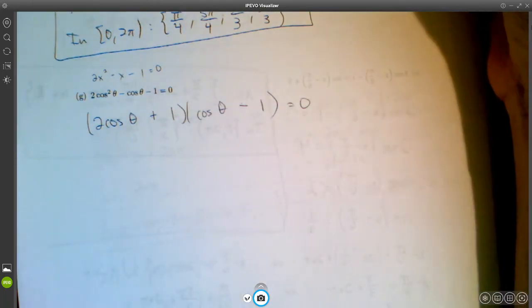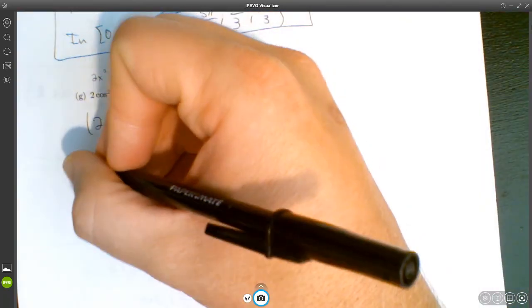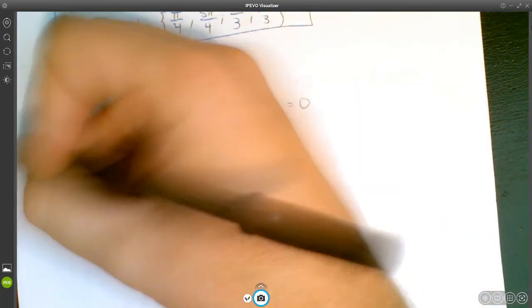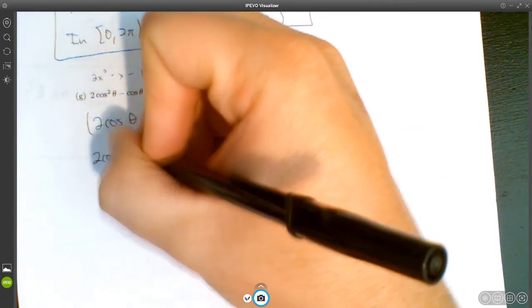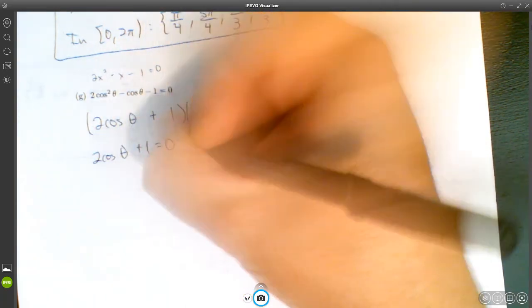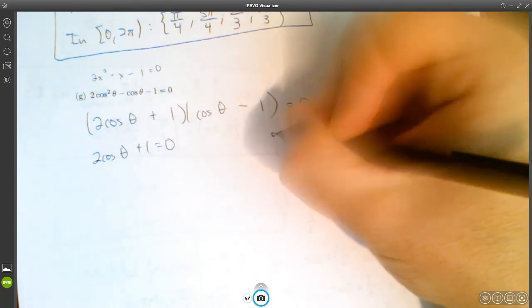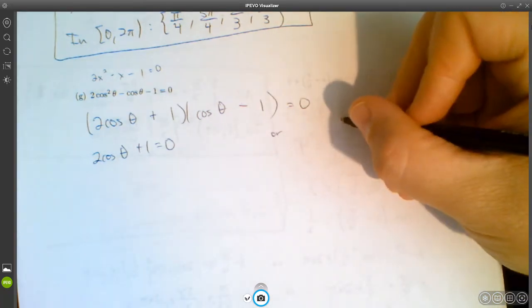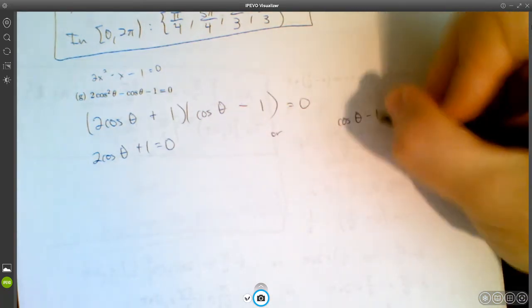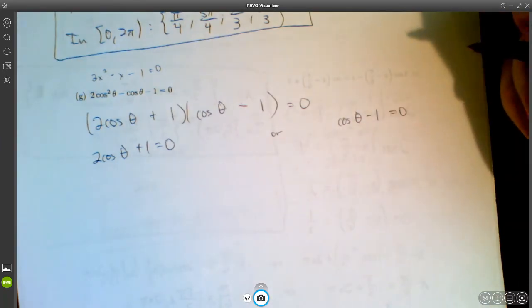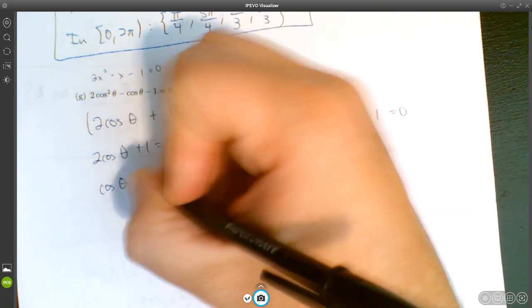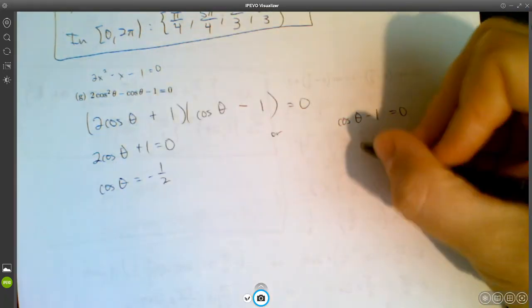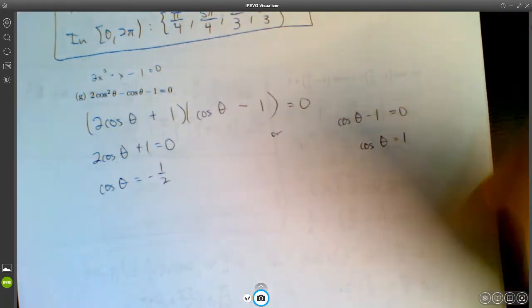Now that we've factored it, we can say 2 cosine theta plus 1 equals 0, or cosine theta minus 1 equals 0. Here we're going to get cosine theta equals negative 1/2, and here we're going to get cosine theta equals 1.